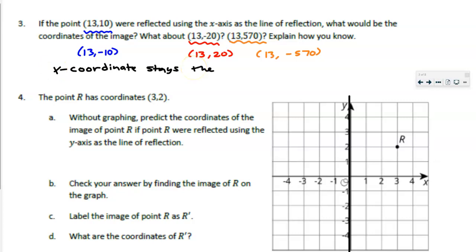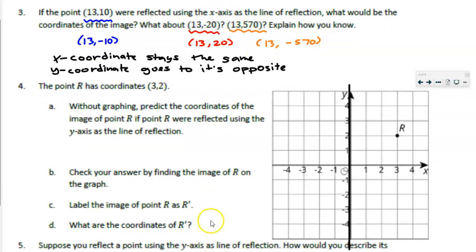So in each one of these, we can see that the x-coordinate stayed the same. The y value, the y-coordinate, is what goes to its opposite. And I think it's really important that we write "goes to its opposite" instead of "goes to the negative," because if it already is negative, like -20, it goes to its opposite of +20.